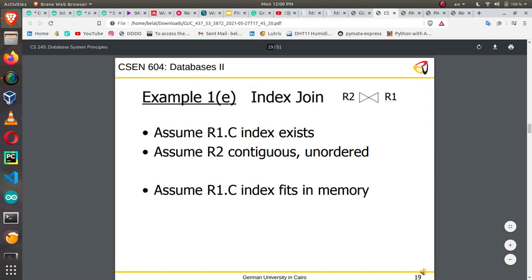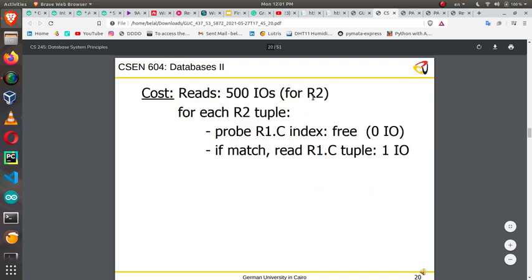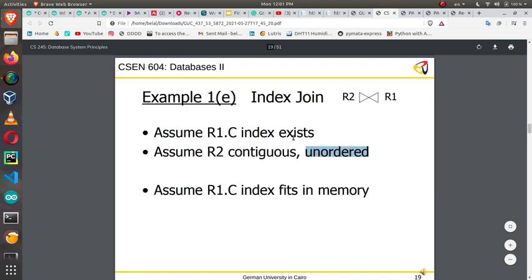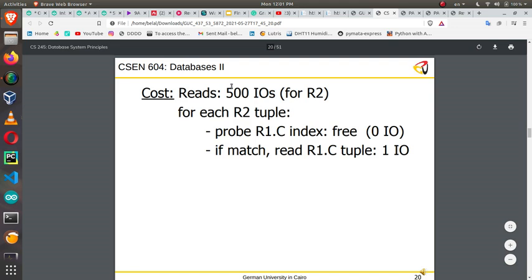So let's assume that we want to join R2 and R1, and we have an R1.c index and it fits in memory, and R2 is contiguous unsorted. Okay, so we are gonna search inside the R1.c index using the values stored in R2.